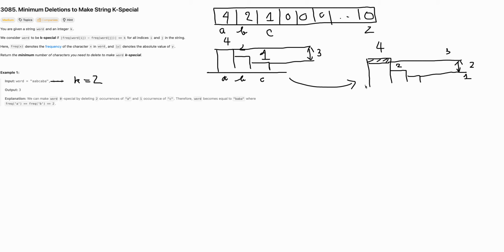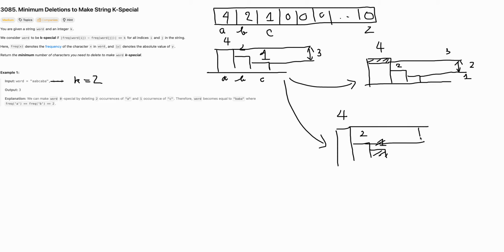Okay, we satisfy the condition. The second approach, we can keep this one as 4, keep this one as 2, and keep this one as 1, but we delete this one, and the gap now is between the 4 and 2. Also it satisfies the problem, right?